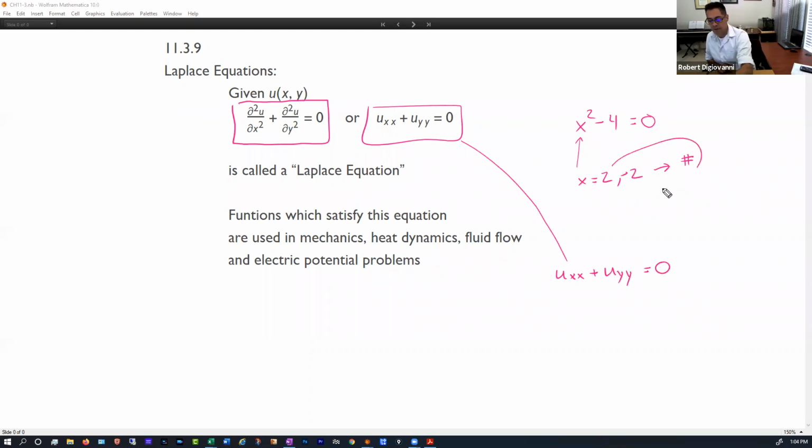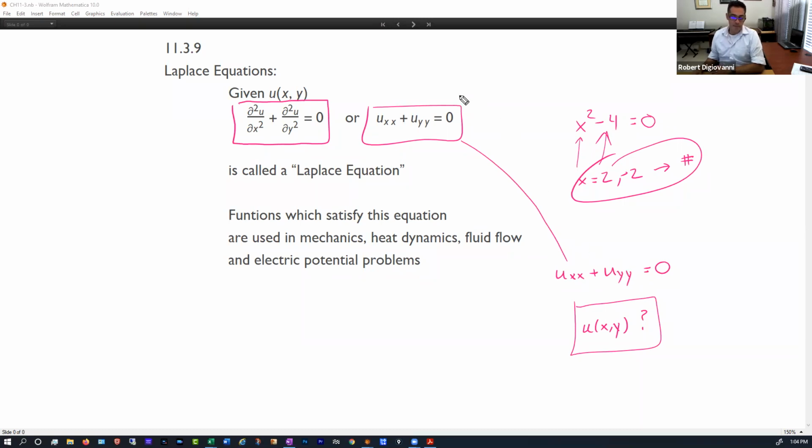Instead of trying to find a number that satisfies the equation, we're trying to find a function, u of x, y, that when we take the partial with respect to x twice, and then the partial with respect to y twice and add those together, we get 0. Any function that we can find that satisfies this equation would be a solution, all right? And this equation specifically is called the Laplace equation.